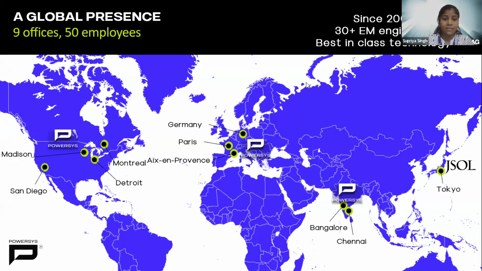We are placed in Germany, Paris, US, and India. In India we have 2 offices, one in Bangalore and one in Chennai. The Bangalore office mainly focuses on giving services for the EM technologies, that is the JMAG tool, and the Chennai office mainly focuses on the power electronics tool, our own developed tool, Simba.